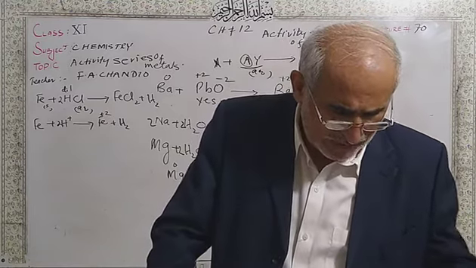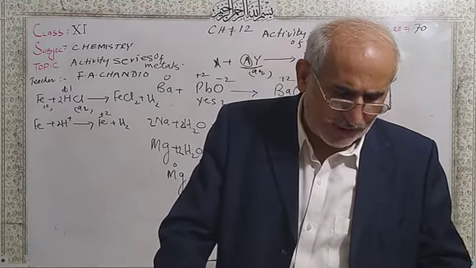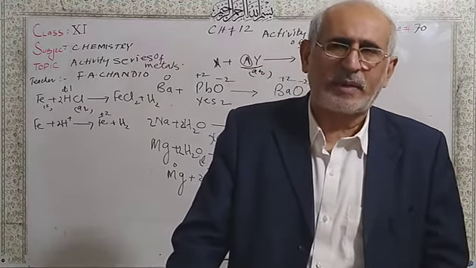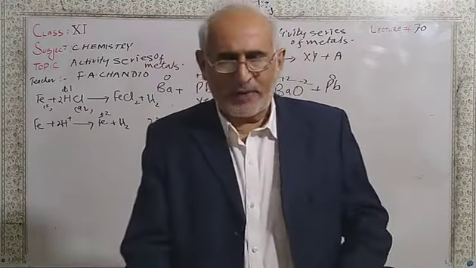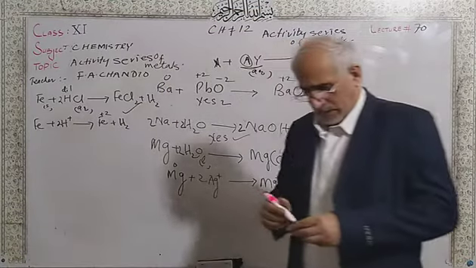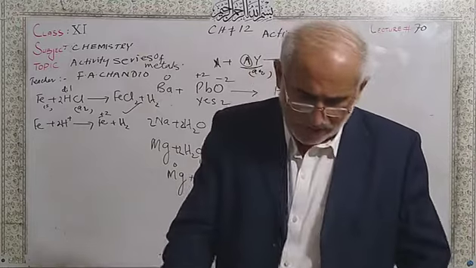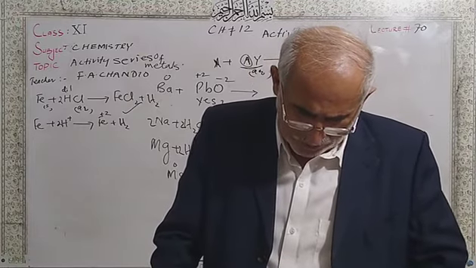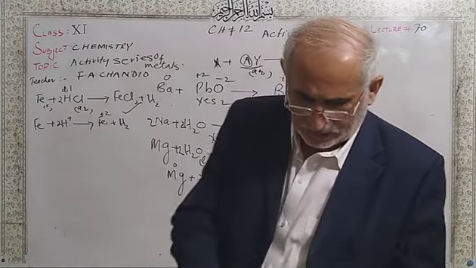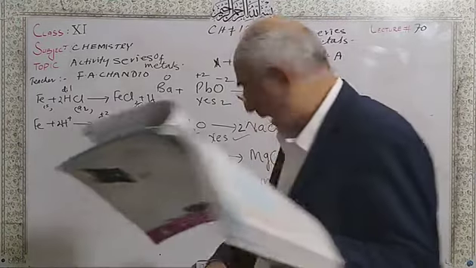Hydrogen is present in the third group, moderately active metals, and hydrogen is the last element for this. So this can happen. So this chemical reaction is yes. This can displace.